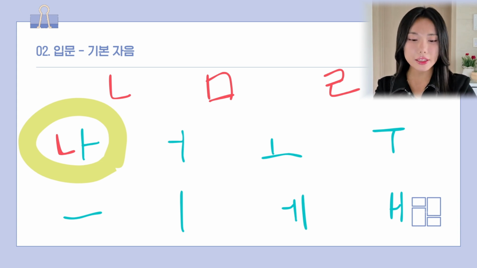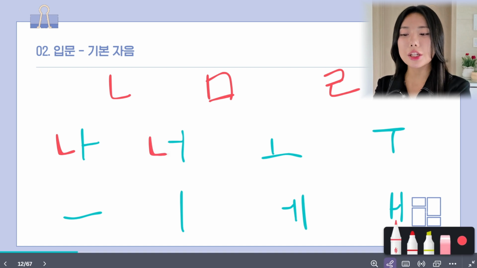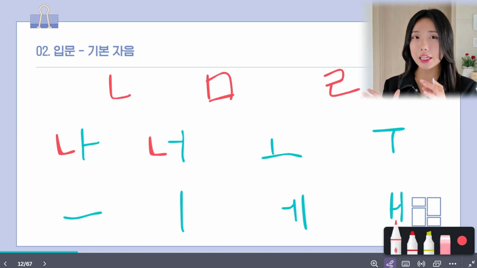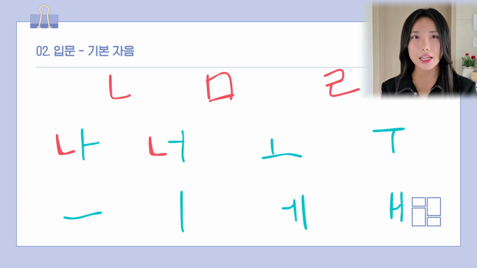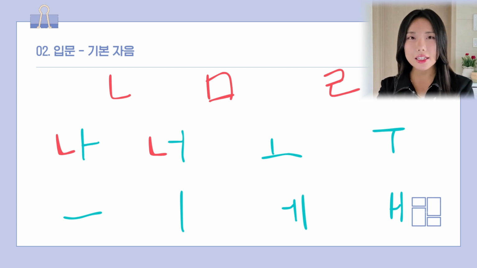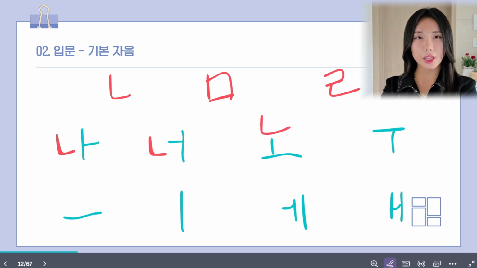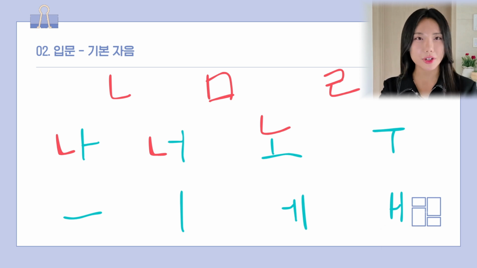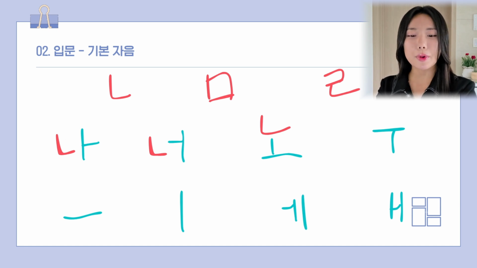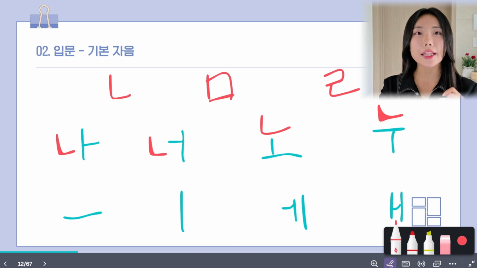And next one. If I put N here, then it's going to be N and O. How would you pronounce this? No. What about N and U?